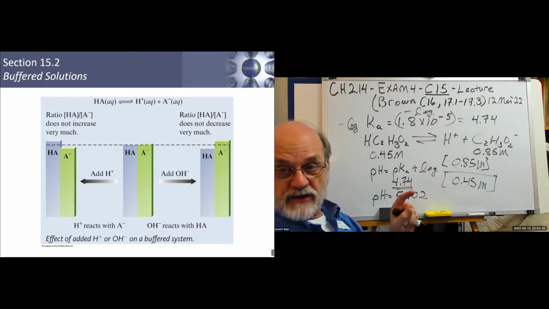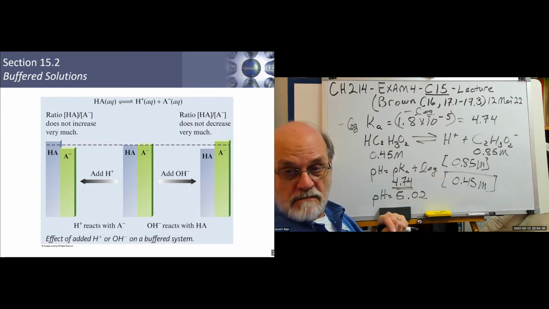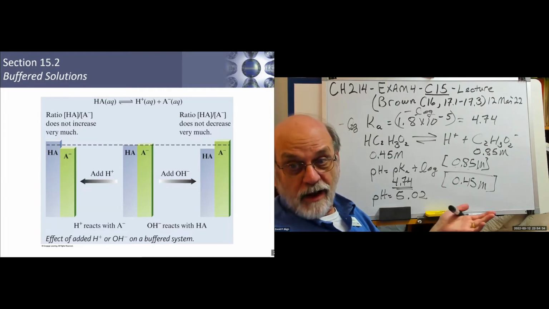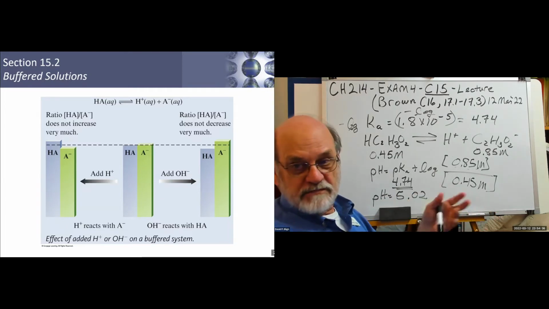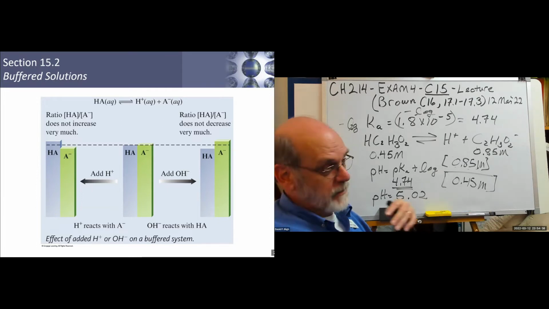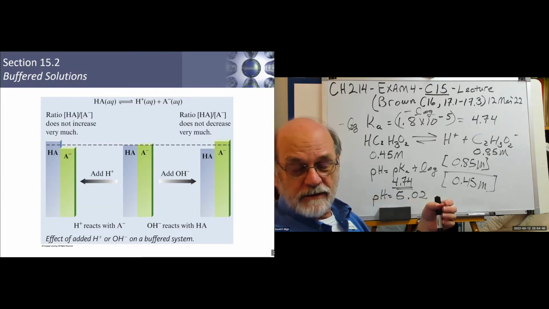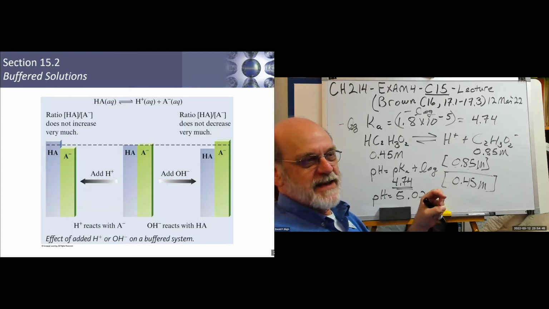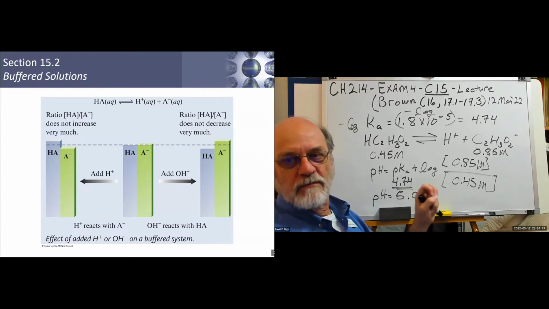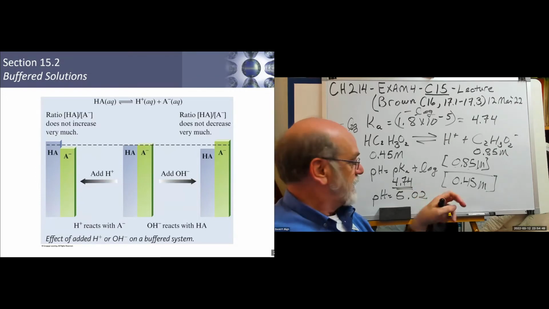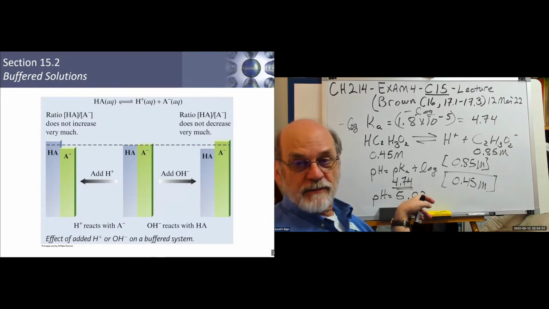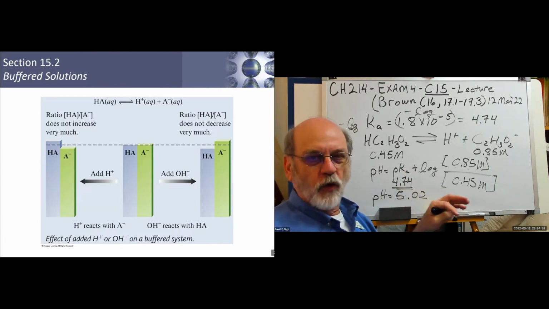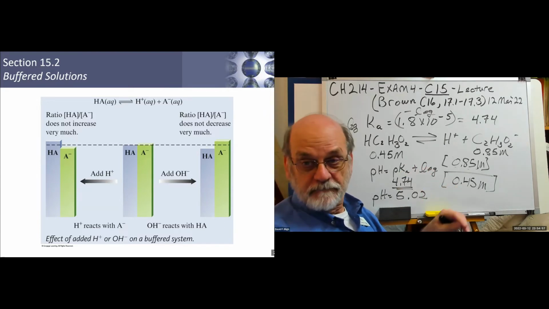Now, will the pH stay right there? If we add a drop of acid, probably pretty close. But if we add 10 milliliters of concentrated hydrochloric acid, well, that's too much. Let's say 1 milliliter of 1 molar hydrochloric acid, it will probably only decrease that pH by a little bit, maybe 5.00 or 4.96, something like that.